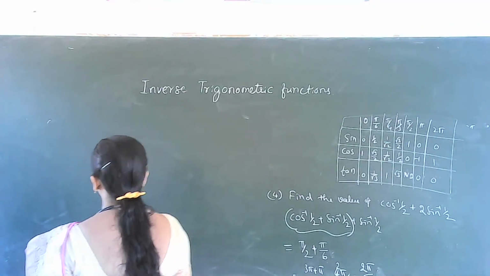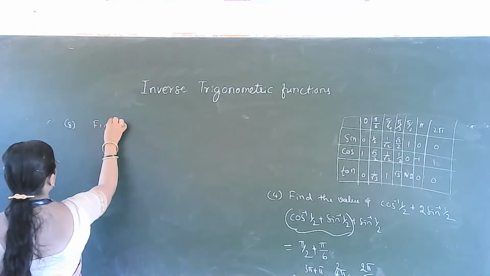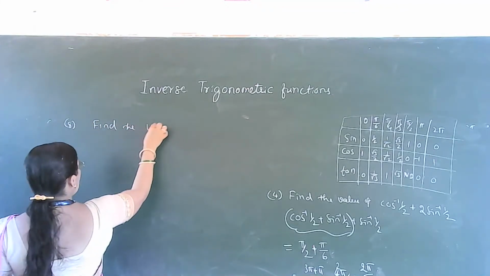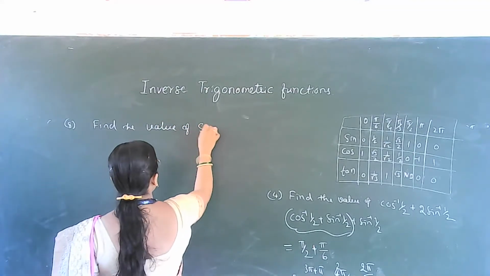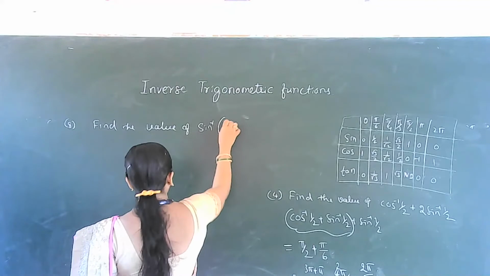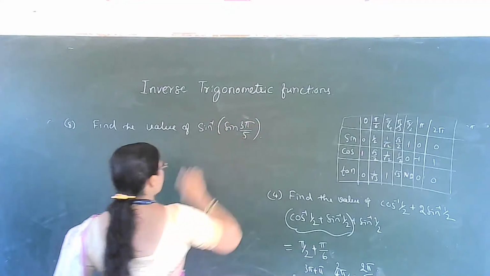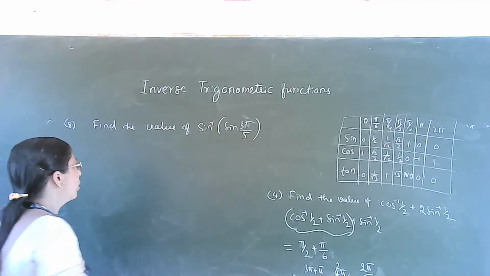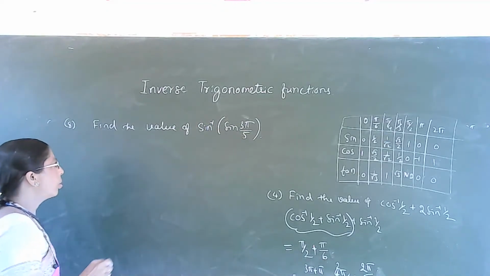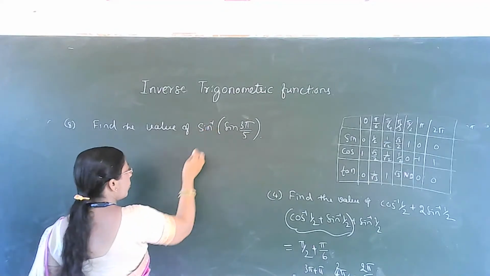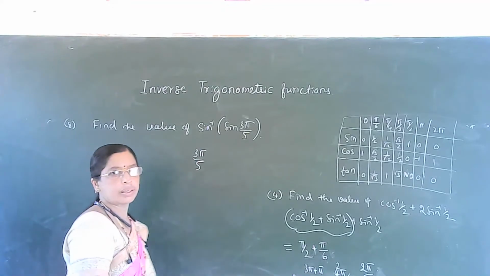Then the other type is 8-1. Find the value of sine inverse of sine 3 pi by 5. Many students do this problem wrongly and write 3 pi by 5 as the answer.